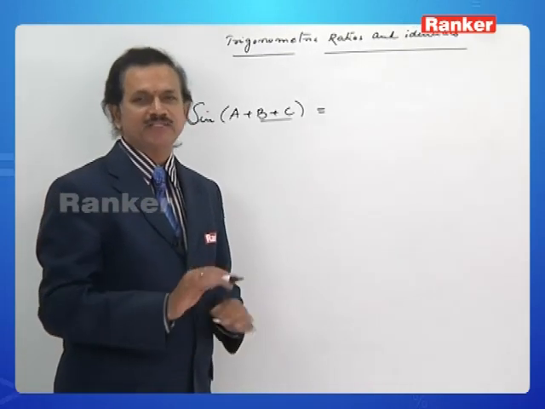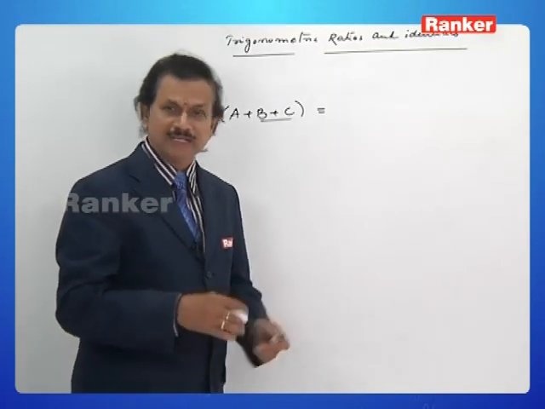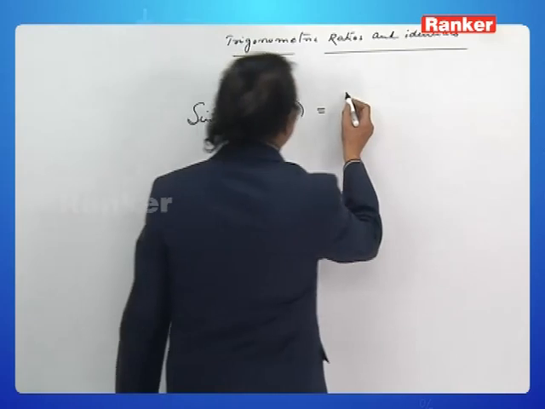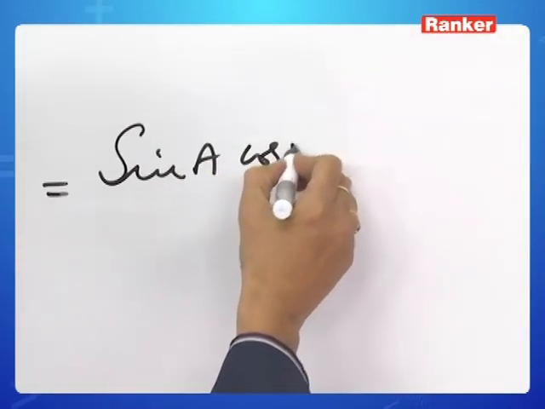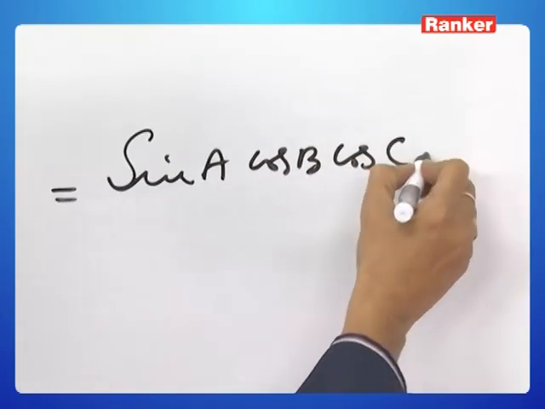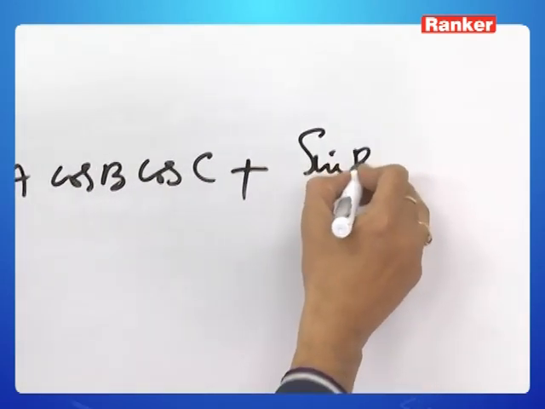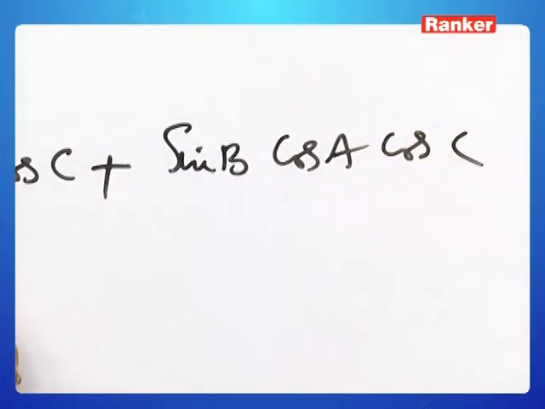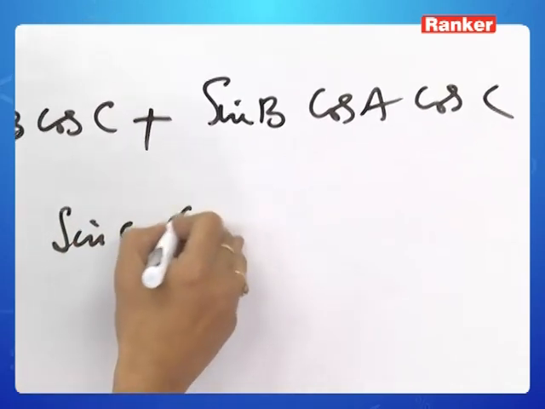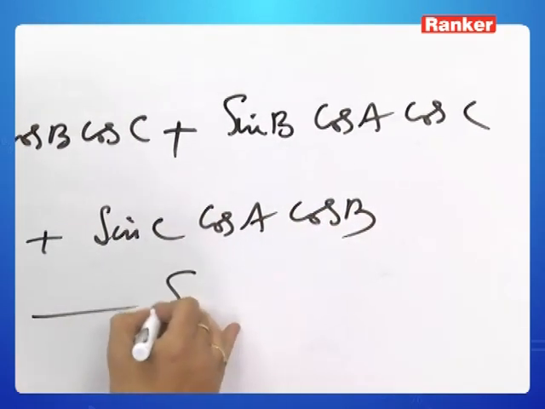And theta is b plus c. Again you expand it using cos of b plus c and sin of b plus c. Then the answer will be sin a cos b cos c plus sin b cos a cos c plus sin c cos a cos b minus sin a sin b sin c.